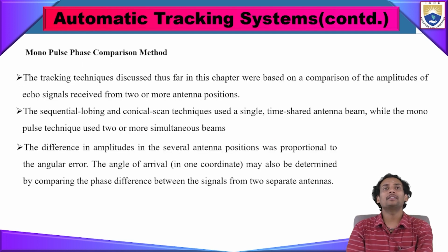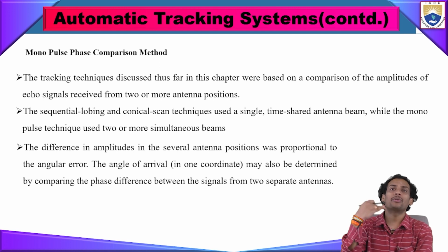And the monopulse comparison method is another tracking method. In this, echo signals will be received from two or more antenna positions. Sequential lobing and conical scan techniques are used with a single or time-shared antenna beam, while monopulse usually uses two or more simultaneous beams.